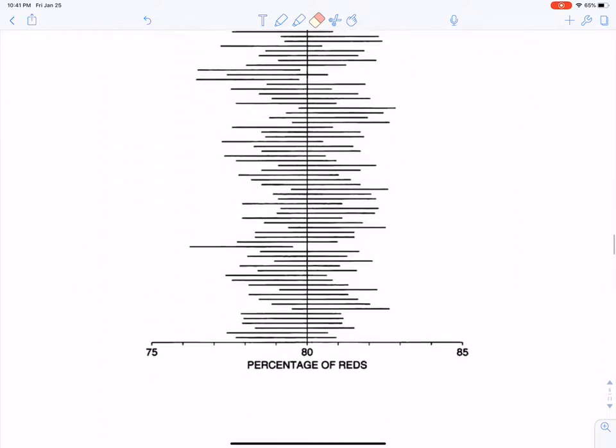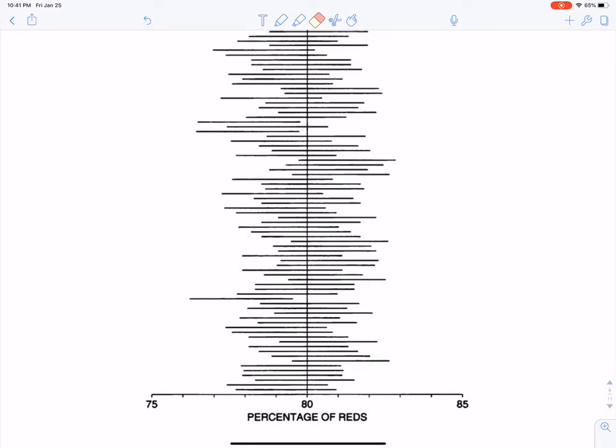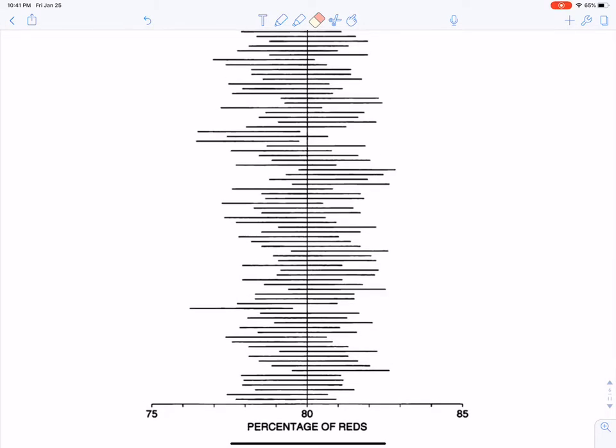Here's a good illustration of this. We have a population containing 80% red marbles. You take out a sample and get a 95% confidence interval for the percentage of reds in your population.